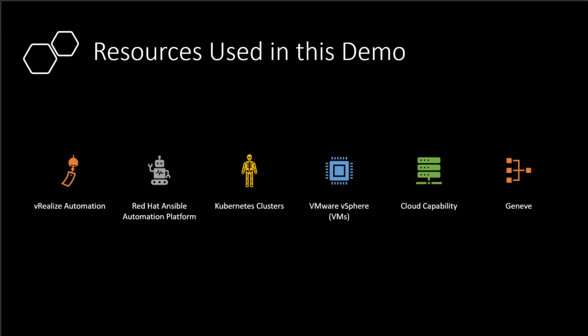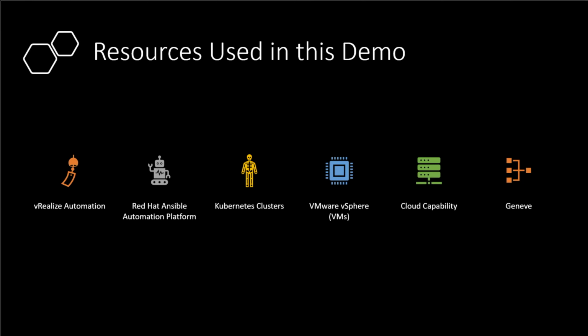Resources used in this demo. We'll be using vRealize automation to front end the forms and do some of the heavy lifting for data input. Red Hat Ansible Automation Platform is going to be finishing off the platform configuration. There are some Kubernetes clusters we'll deploy in this demo as well. All of this is on vSphere. We've got 2 different vCenters.